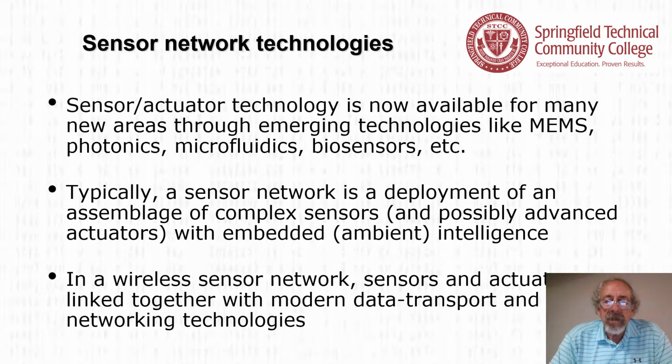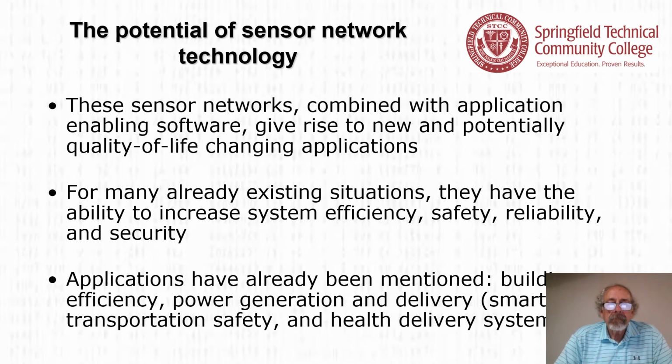In a wireless sensor network, sensors and actuators are linked together with modern data transport and networking technologies. What is the potential of the sensor network technology? Well, these sensor networks, combined with application-enabling software, give rise to new and potentially quality-of-life-changing applications. For many already existing situations, they have the ability to increase system efficiency, safety, reliability, and security.